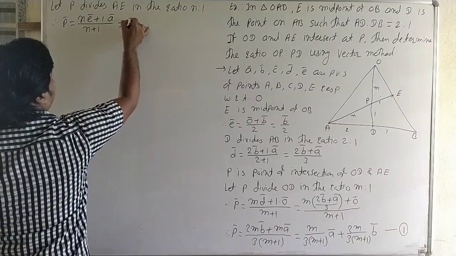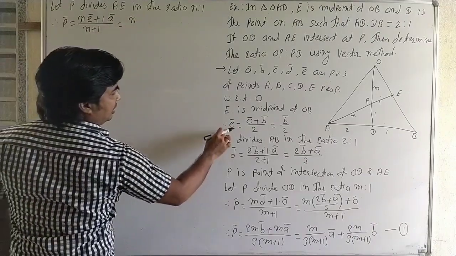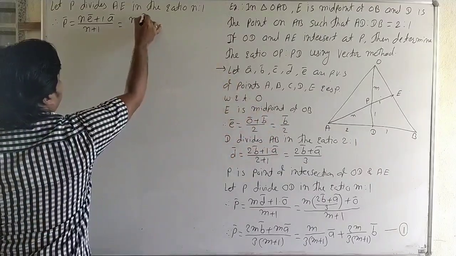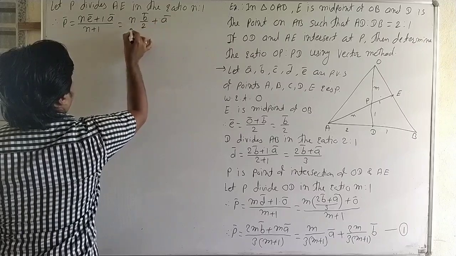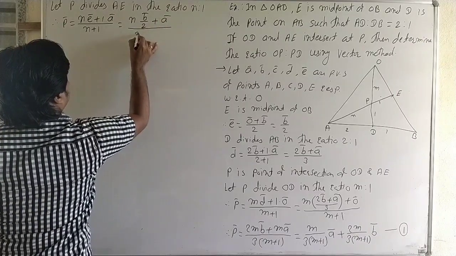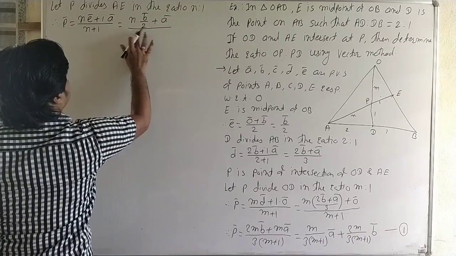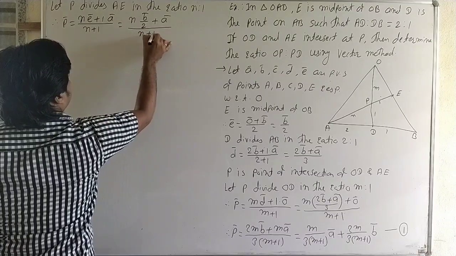Then n into E bar, which is B bar by 2, plus A bar, upon n plus 1.